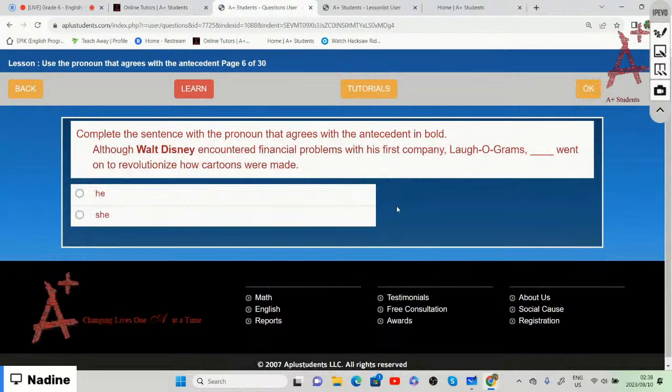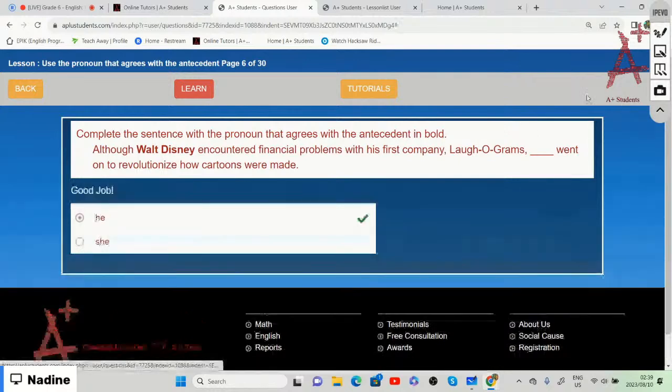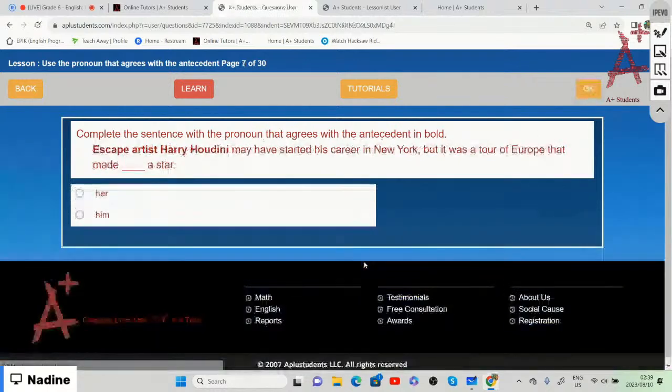And then: although Walt Disney encountered financial problems with his first company, he went on to revolutionize how cartoons were made. So he, which refers to Walt Disney.